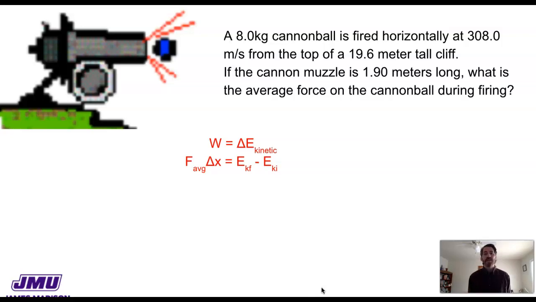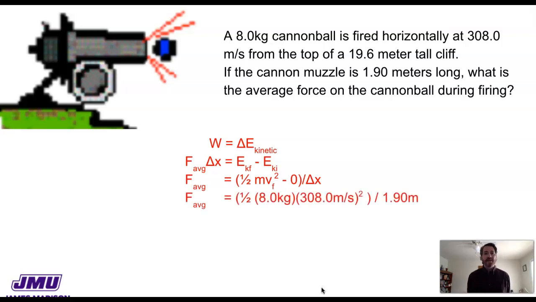Conveniently, the kinetic energy initial is 0. The kinetic energy final is 1/2 mv squared, where we know the mass and we know the v, and the delta x is the muzzle length of the cannon. So we can solve for the average force like this. And I get 200,000 newtons, or 200 kilonewtons, is the average force necessary to accelerate this cannonball, as shown here.